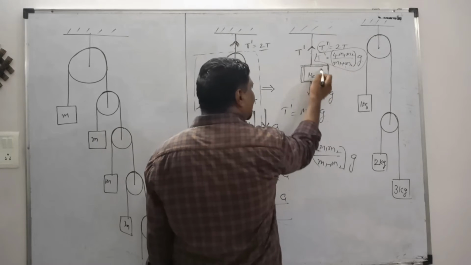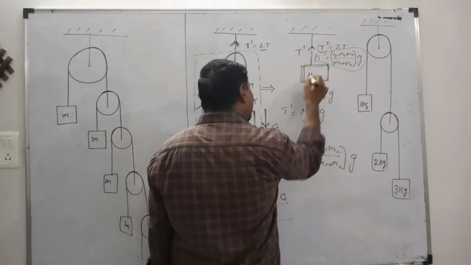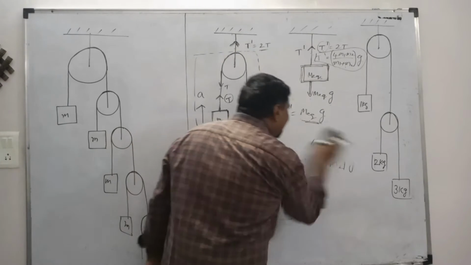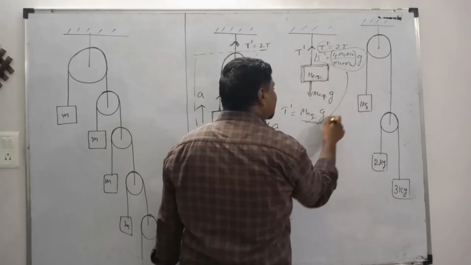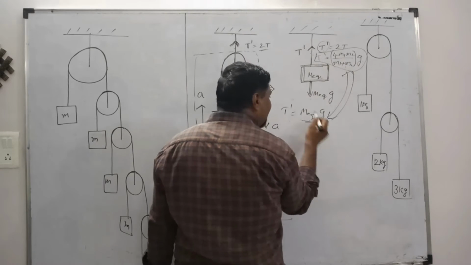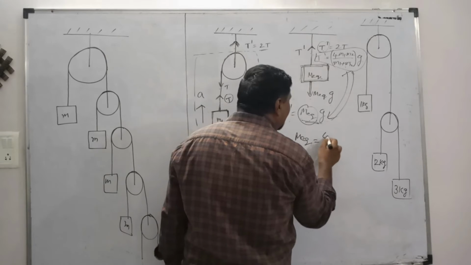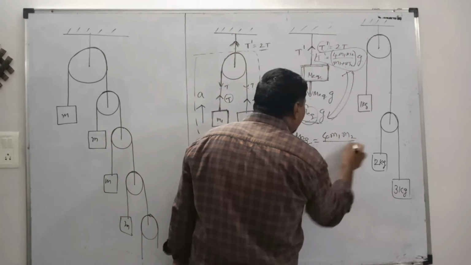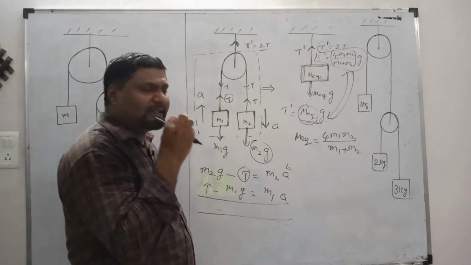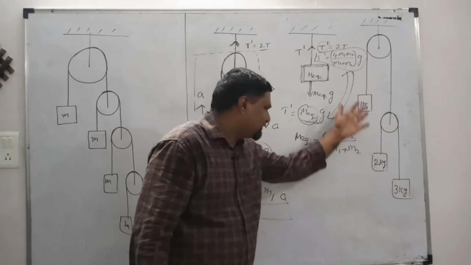This much. And what this mass is creating tension? This much. If this mass is to be considered as equivalent of this whole system, just compare these two equations. Right? The tension T dash here and here to be same, the M equivalent must be equal to 4 M1 M2 by M1 plus M2. This is a simple thing we are going to apply to deal with such problems.